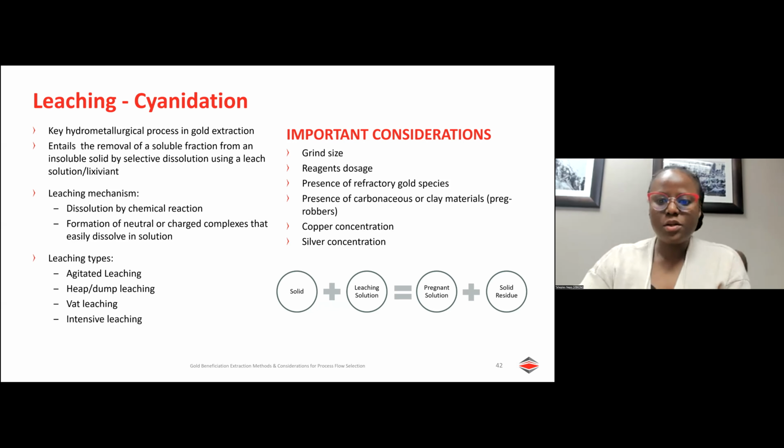The important considerations include the particle grind size, your reagent dosage, and the presence of complex and refractory minerals within your mineralogy. The types of leaching that are typically used are agitated leaching, heap leaching, vat leaching, and intensive leaching. There is also in situ leaching, but I haven't included it for this presentation because that is commonly used for other commodities, not really for gold as such.